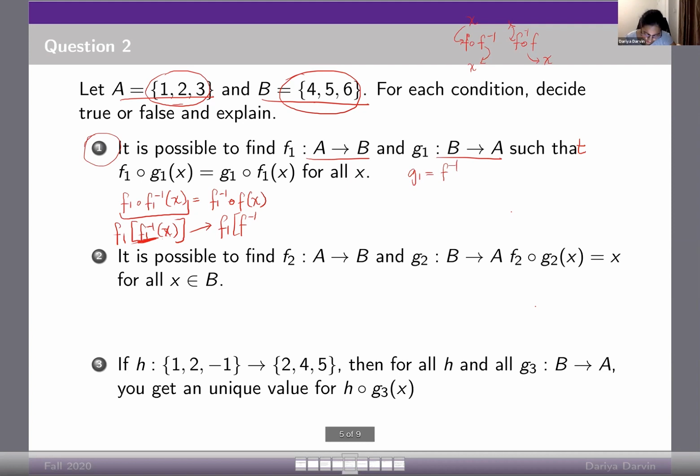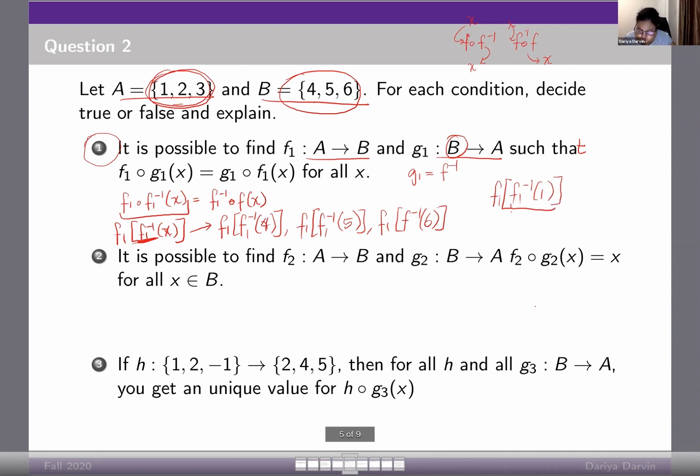So let me just write that. F inverse. So G1 goes from B. So I can do it on 4, I can do it on 5, I can do it on 6. Let's say I try to do it on 1, 2, or 3. Like 0 is not in the domain, so you can't attempt 0. If I try to do it on 1, how do you find out the answer?